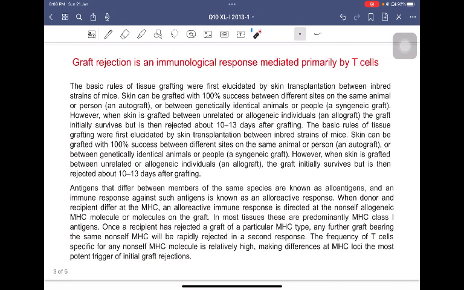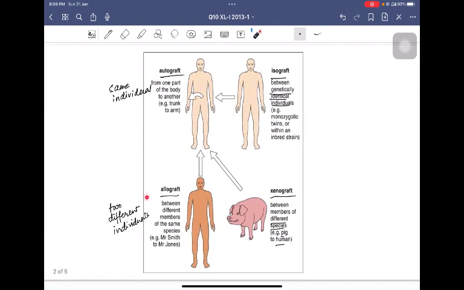But the problem is when skin is grafted between unrelated or allogenic individuals, that is called an allograft. The graft initially survives, but is then rejected about 10 to 13 days after the grafting. So, in case of an allograft, the graft is rejected after 10 to 13 days.